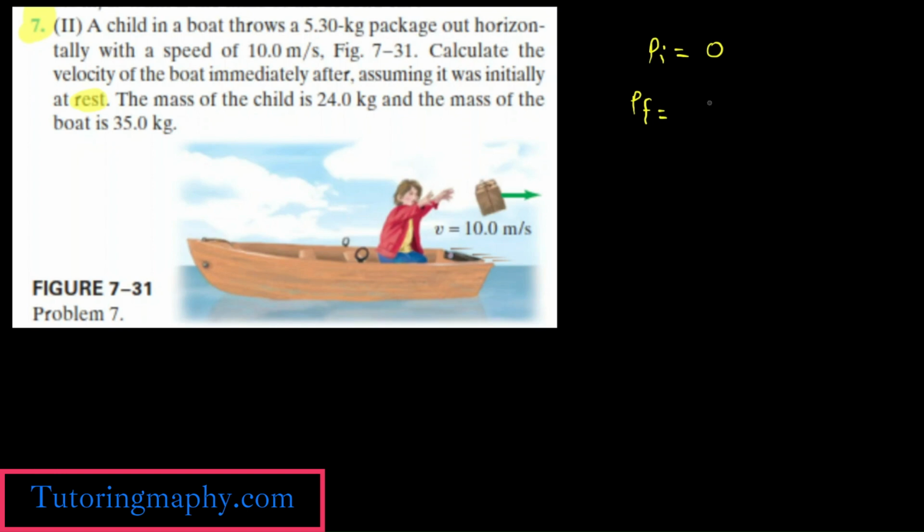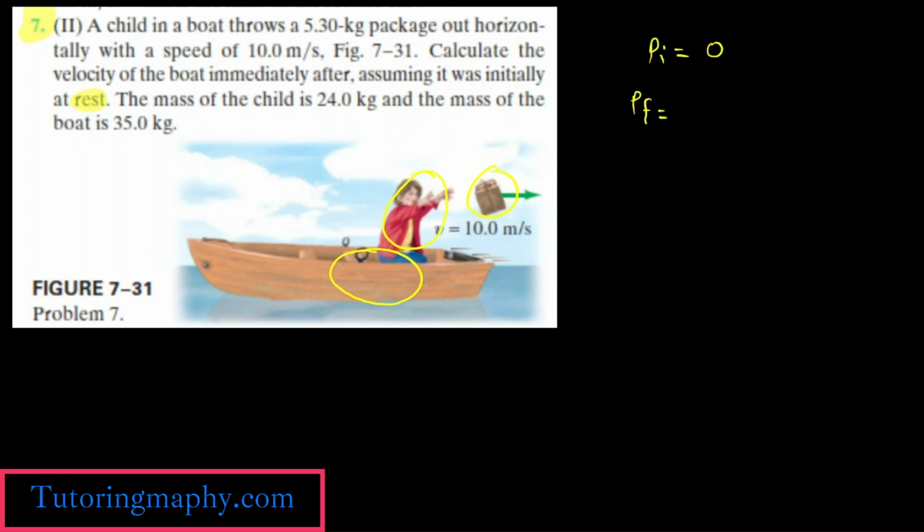So there are two objects, or in totality three: the package, the boy, and the boat.